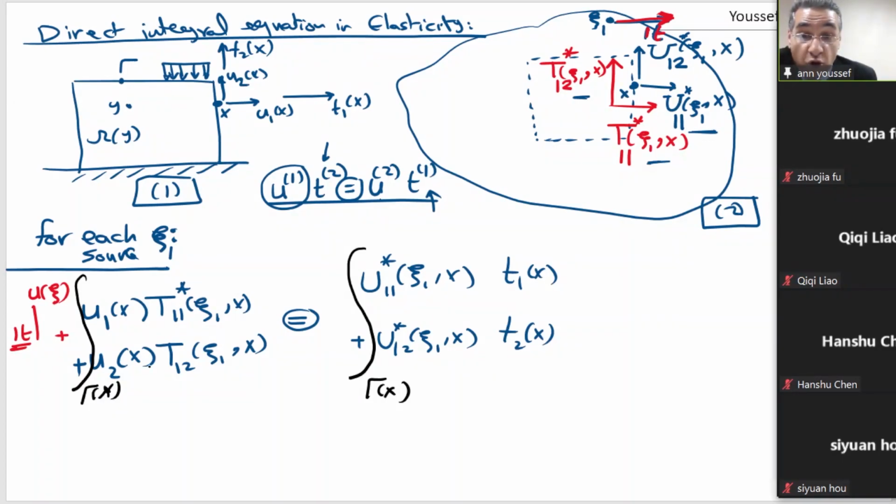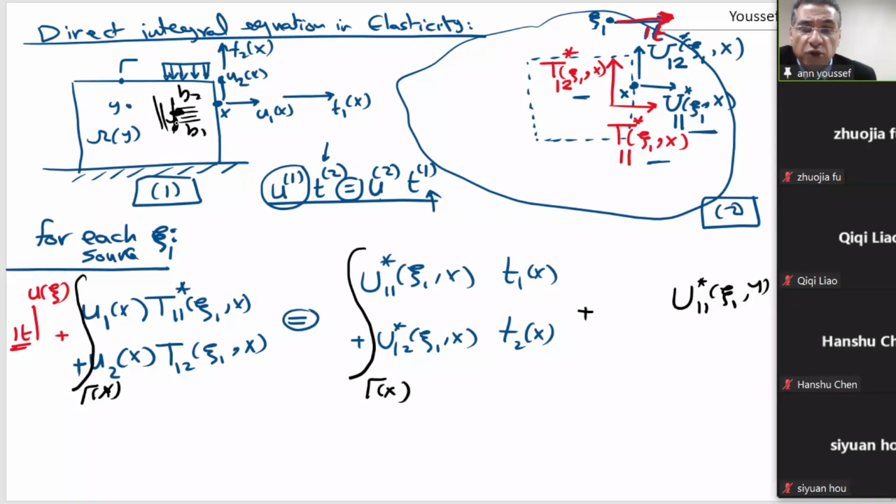If I have domain load, here I have another. For example, here I have u asterisk 1 of xi1 and the point y. If I have domain load at point y, I have domain load in this direction B1 and in this direction B2, distributed domain load in this area.